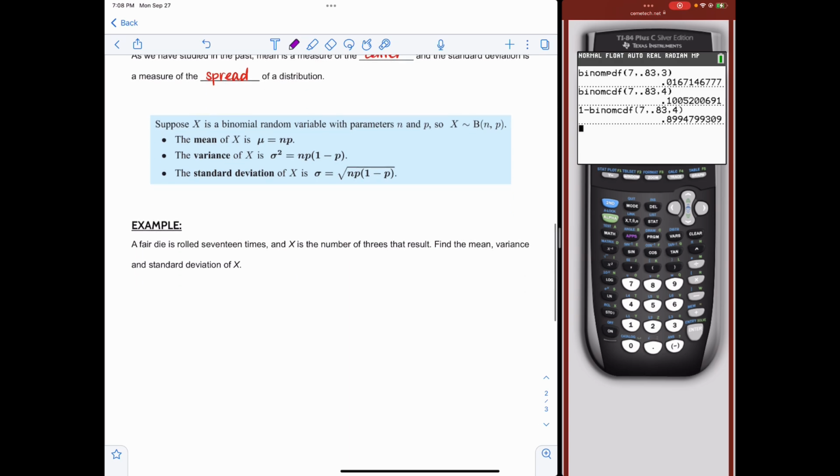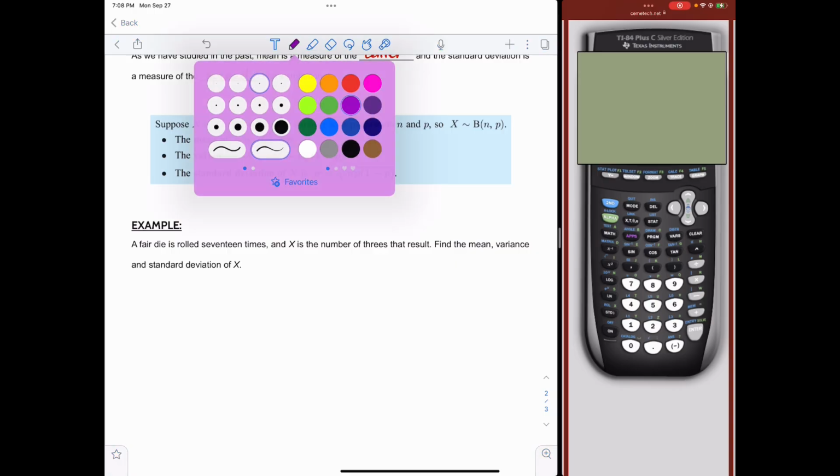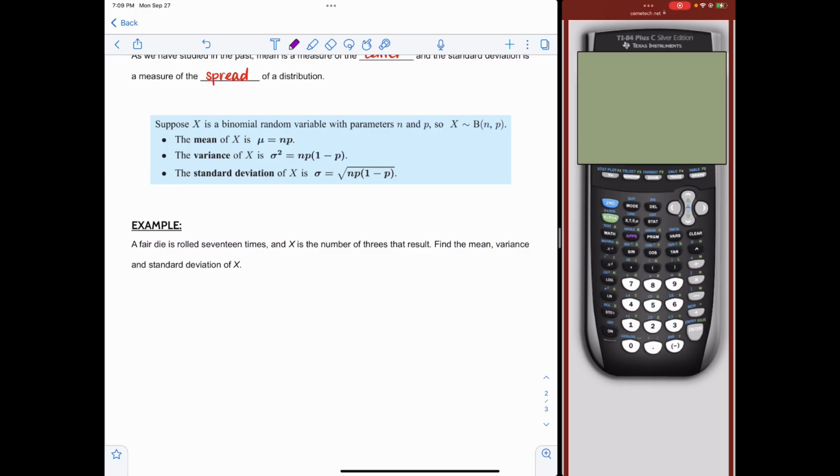A fair die is rolled 17 times, and X is the number of threes resulting from those rolls. Find the mean, variance, and standard deviation of X. Remember that this is a binomial distribution.